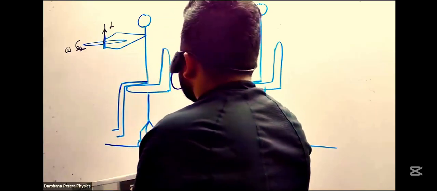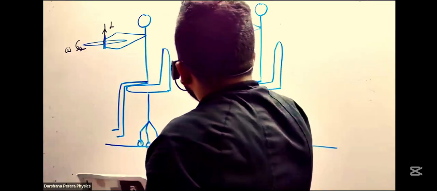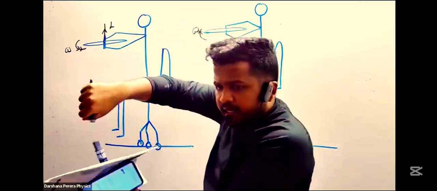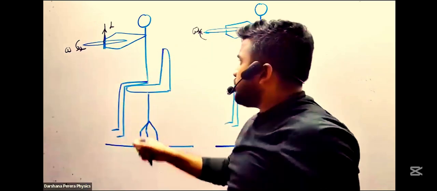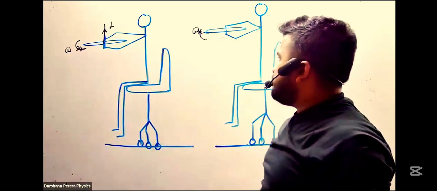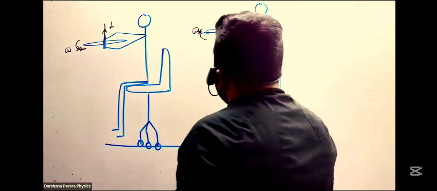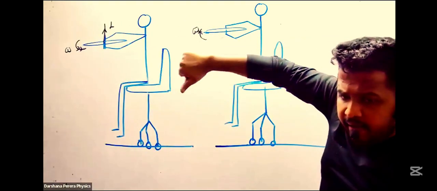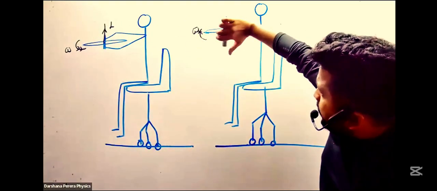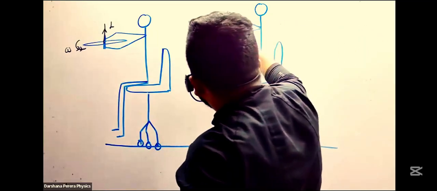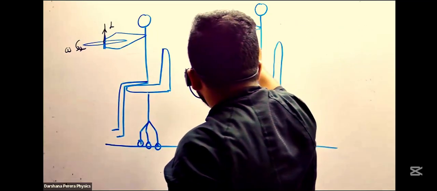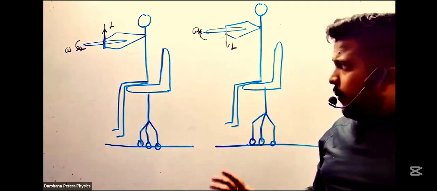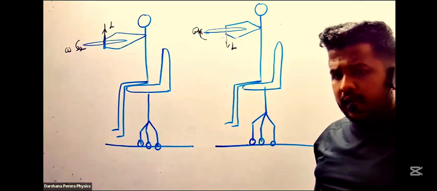Previously it rotated in this direction, now it rotates in this direction. Therefore, what is the L value? L is in this direction, applying the right hand rule. What should happen?